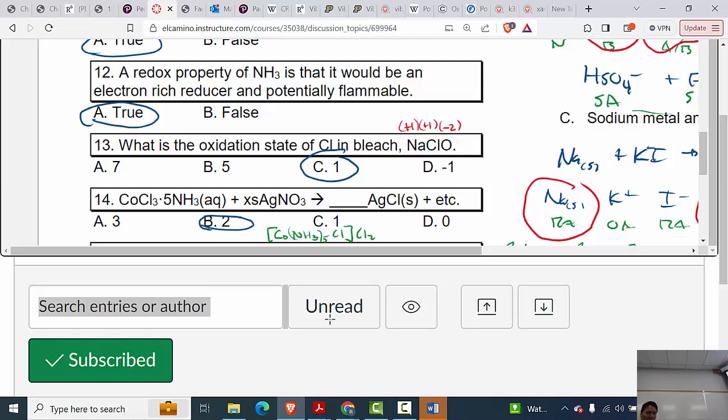Why is it unhappy? Is it because of the sodium? No. Is it because of the oxygen? No, it's because of the chlorine. Chlorine doesn't like to be +1. What does chlorine like to be? -1. So chlorine's unhappy. Meaning when I look at bleach, I think what? Automatically I think oxidizer or I think reducer? Oxidizer, right.